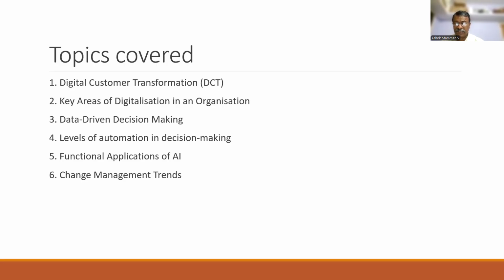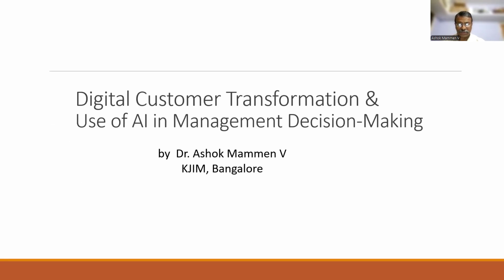And then we finally concluded by saying that the change management process has to be carefully dealt with, and leadership is key when you talk about change management. So with this, this should be a springboard for our discussion in future with regard to this particular course on digital customer transformation and the use of artificial intelligence in management decision making.